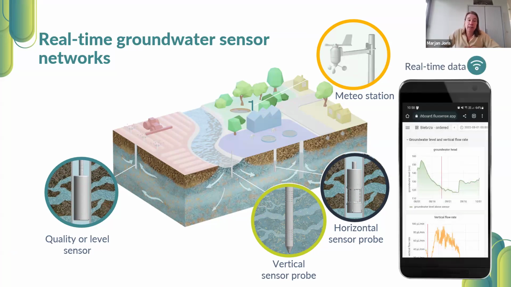The data of this groundwater sensor network is transmitted and available in a dashboard in real time. Depending on the needs and the frequency of the measurements, we can measure every hour and send it every hour, but we can also choose to measure every hour and send it only twice a day. Then it's near real time that data are available. We make these choices based on the battery capacity and of course also the objective of the monitoring campaign.